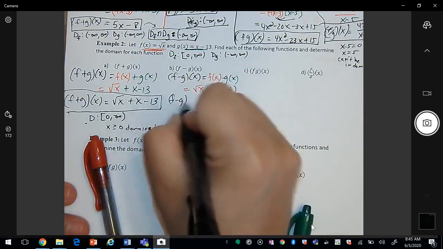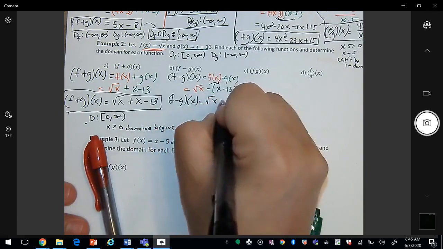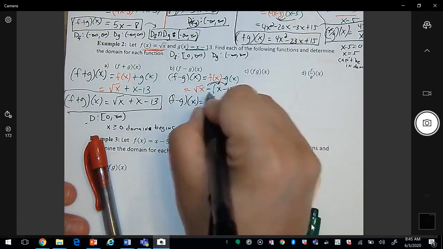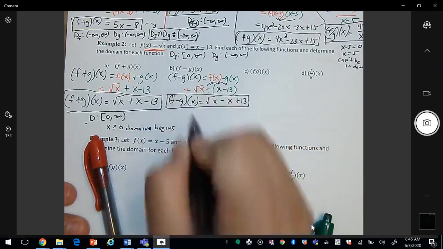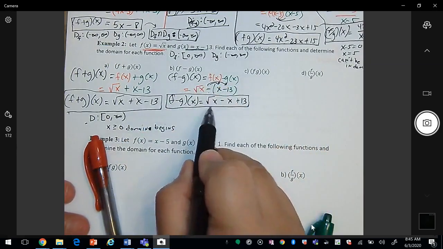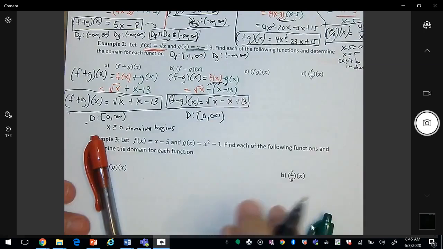Simplify. So I get square root of x, distribute the negative. Negative negative is positive 13. Again, since I have square root of x, my domain is going to start from 0 to infinity.